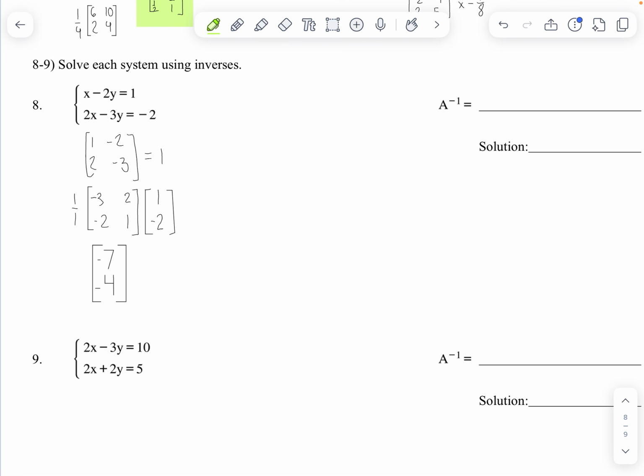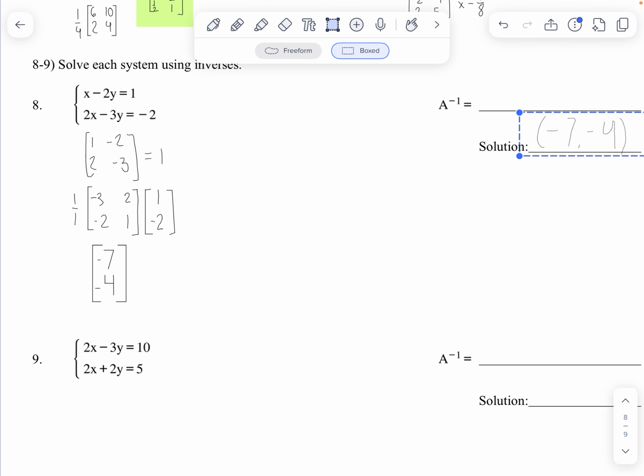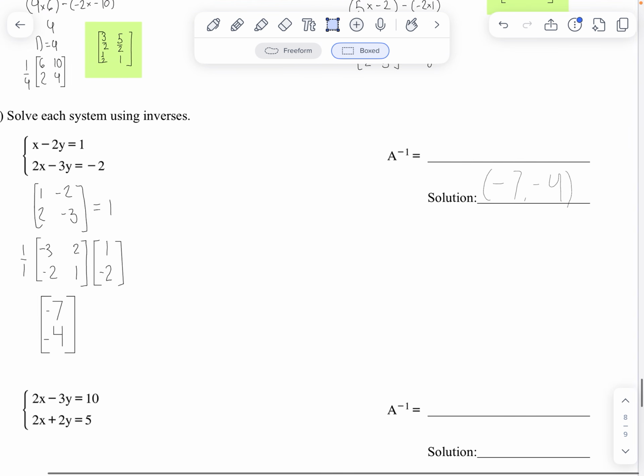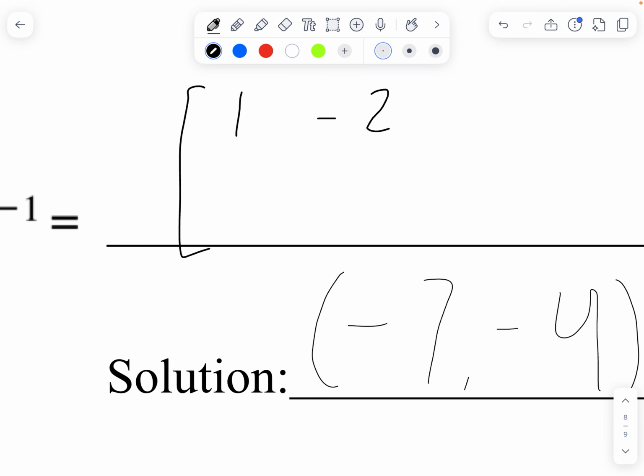And that's our answer. So our answer is -7, -4. And the inverse of our matrix is 1, -2, 2, -3.